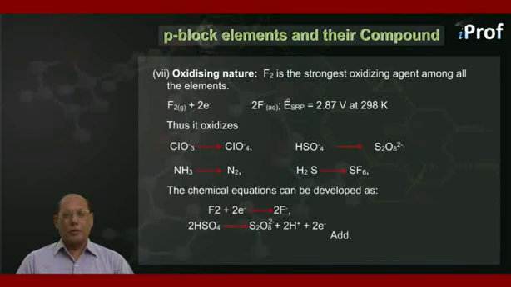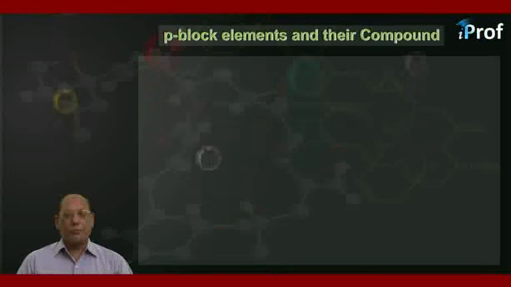F2 plus 2 electrons equal to 2F minus. Next is 2HSO4 minus giving S2O8 2 minus plus 2H plus plus 2 electrons.